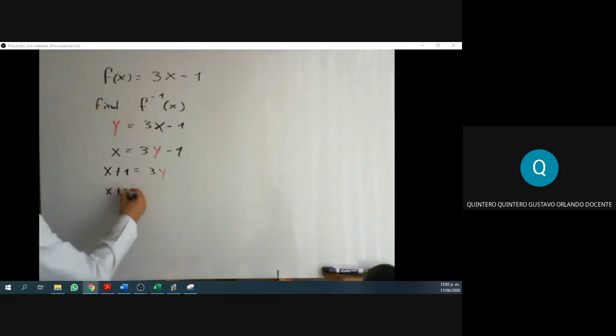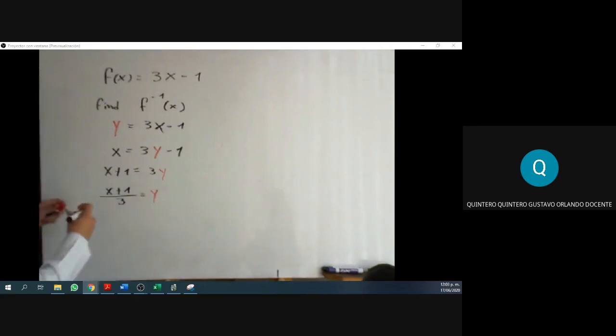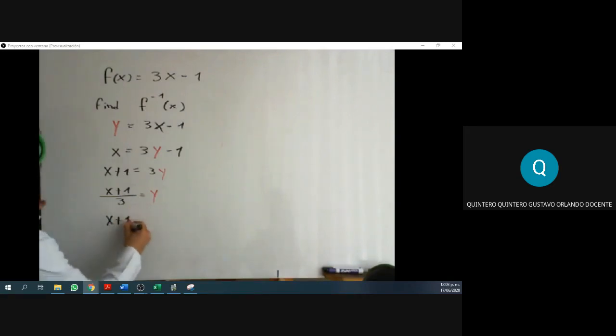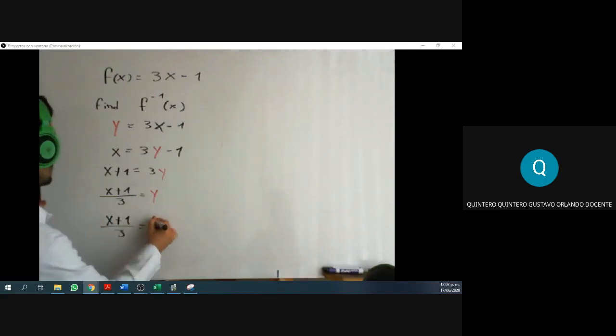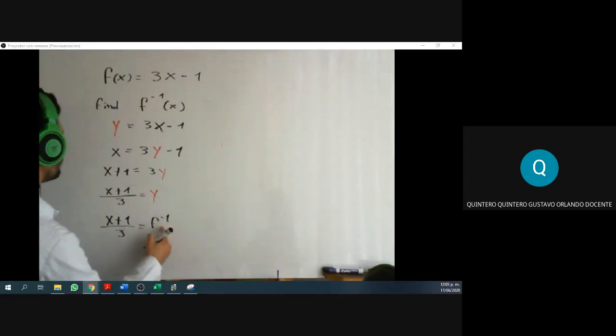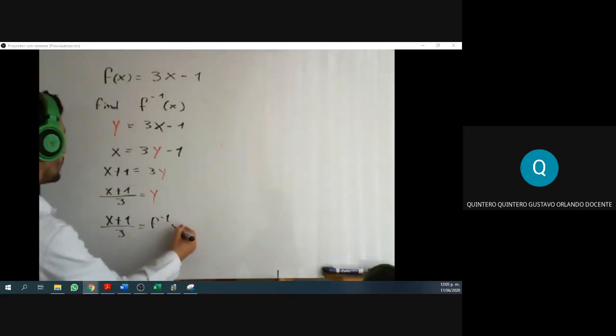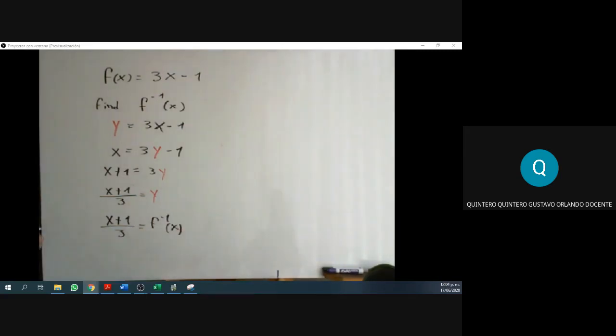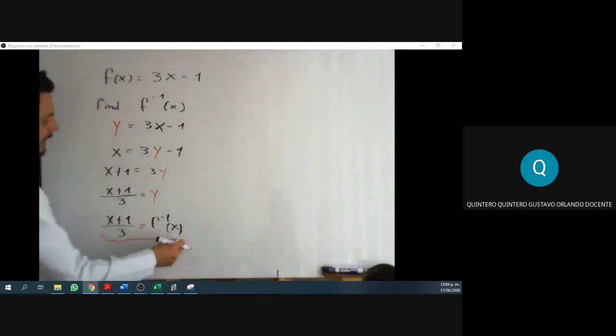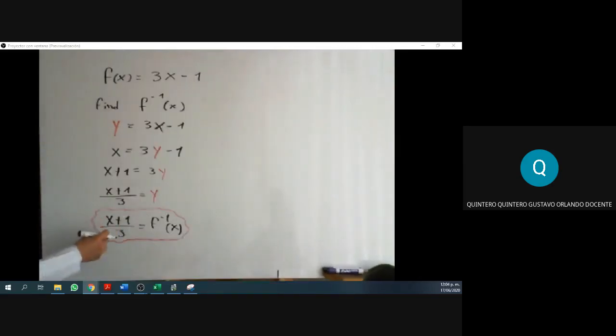So (x plus 1) over 3 is going to be y. And now I just found the inverse of my main function. Since this is the inverse, we call it f to the negative 1 of x. This is the inverse function. This is how we find the inverse of any function.